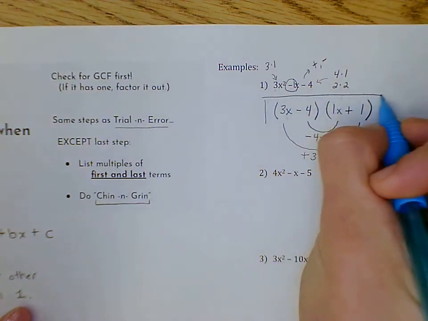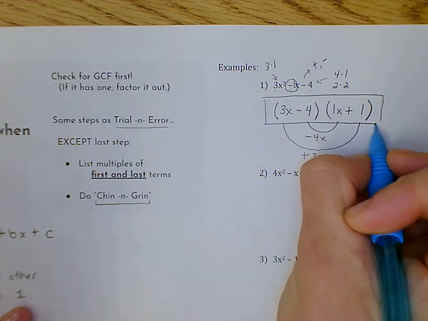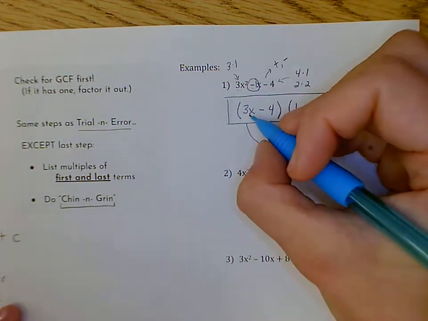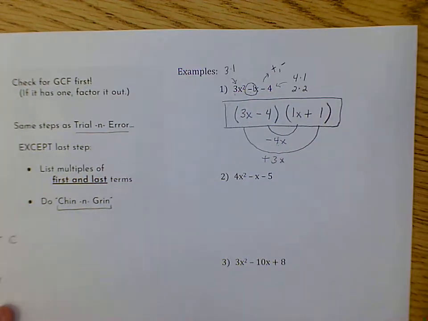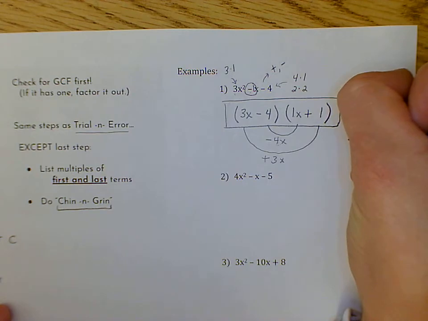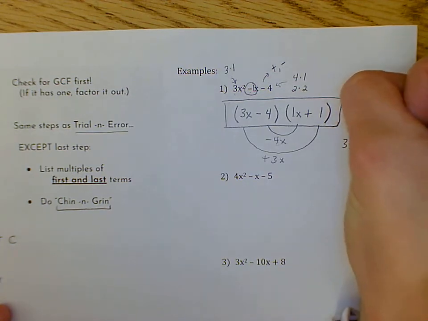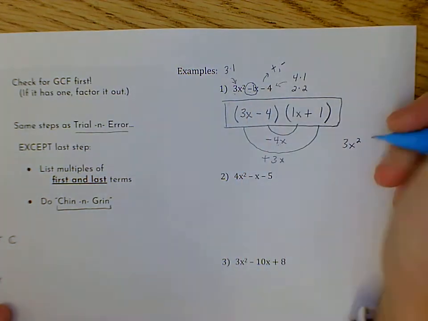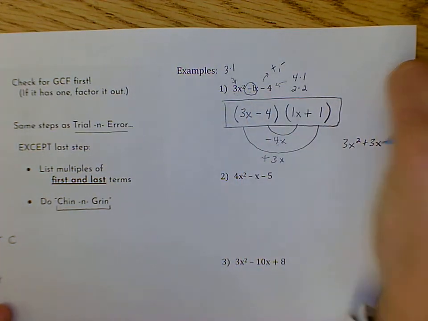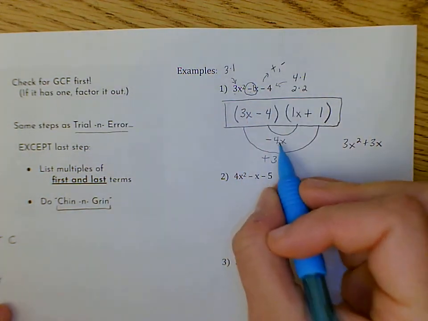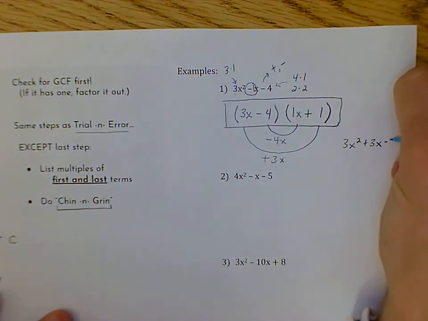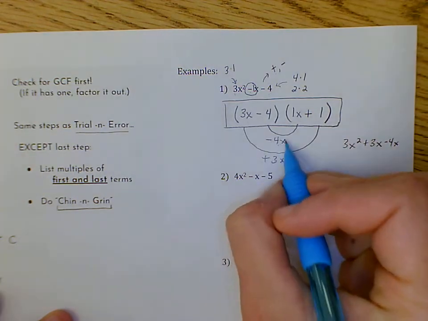And then remember, you could check it, so you can go to the side and multiply it out and see if you get this middle term. So I would take, kind of, I guess, small to the side. 3x times x gives me 3x squared, which is good because that's what I want to begin with. Then I take the 3x times the 1, which is positive 3x. Notice you're going to kind of end up with your chin and grin part here. And then I take -4 times x, -4x, voila.